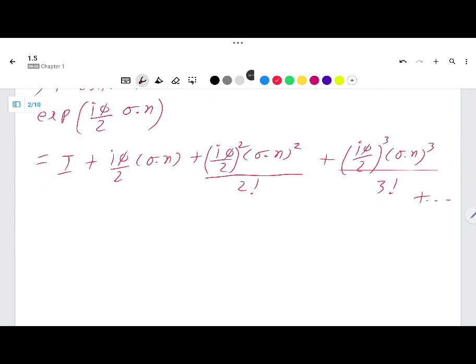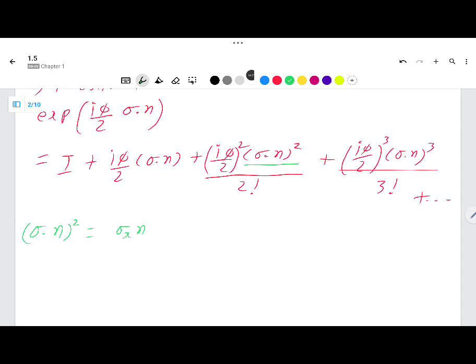Okay, so let's try to see this term sigma dot n squared.